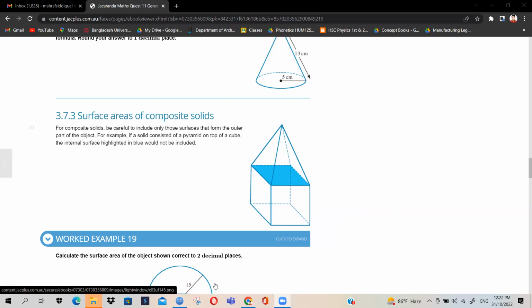But whenever you are calculating the surface area of the cube, this blue base surface will already be included. Now, whenever you are calculating the area for the square base pyramid, you will neglect the square base. So you have to be careful that you don't double calculate it, otherwise you will get the wrong answer. That is what they're trying to say in simpler words.